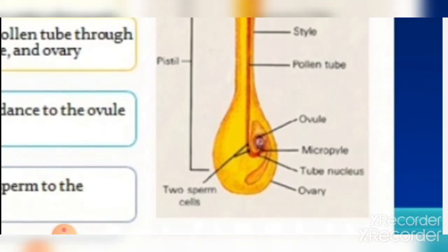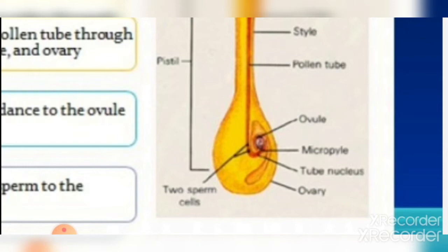Now the pollen tube, you can see the red color one, is passing through the style, and then it reaches the ovary and enters into the ovule. Are you seeing that? Very, very important is where this pollen tube is arising from.